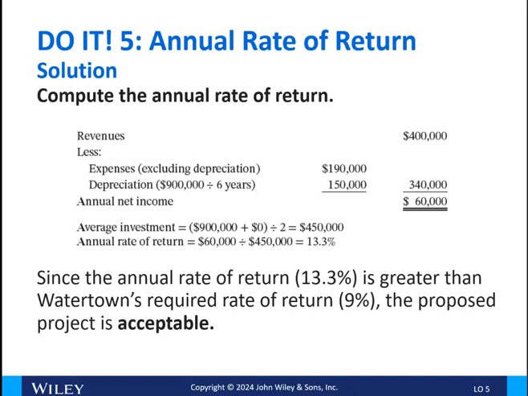Annual rate of return is the $60,000 net income divided by that 450,000, and we get 13.3%. Since the annual rate of return is greater than the required rate of return of 9%, the proposed project is acceptable.